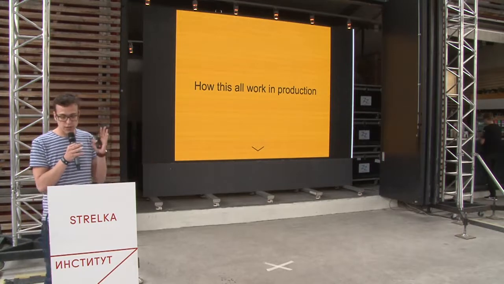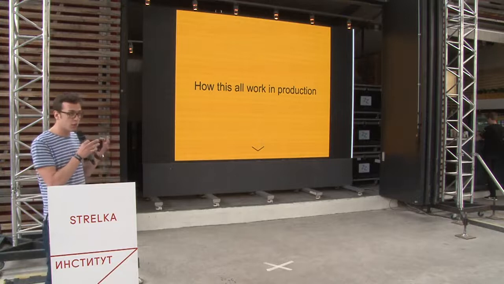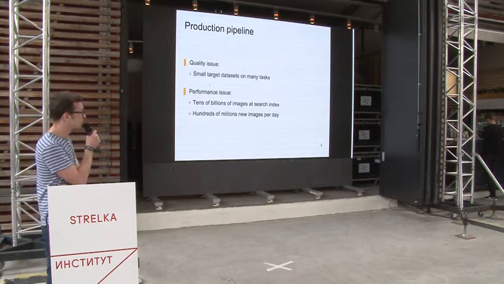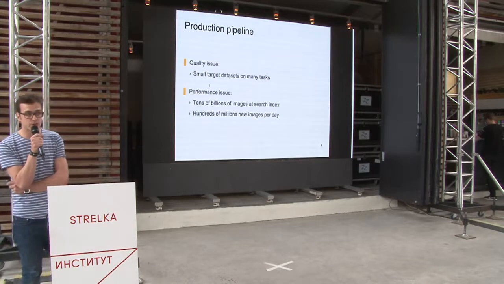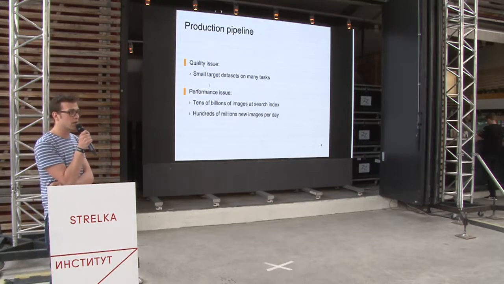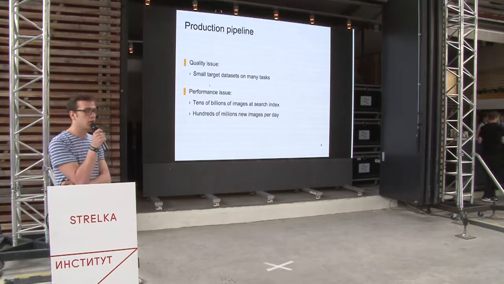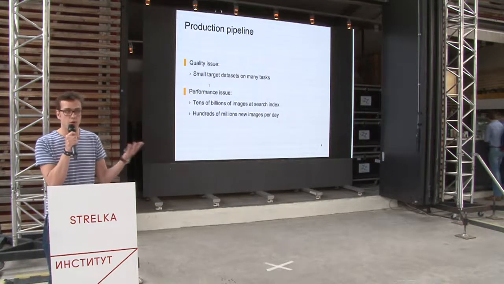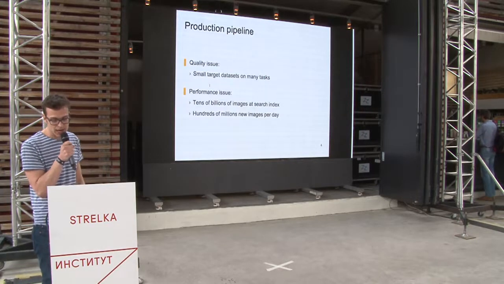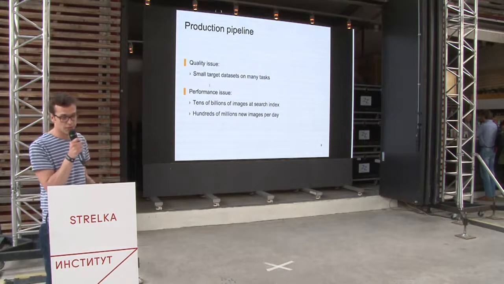Now I would like to discuss what kind of difficulties we can get in production when trying to solve this task at large scale. The first problem that immediately pops up is the problem of small data sets. It is very usual that some internal customer comes to us with a need to make some specific classifier, and at the same time has at best several thousand images as training data for this classifier.